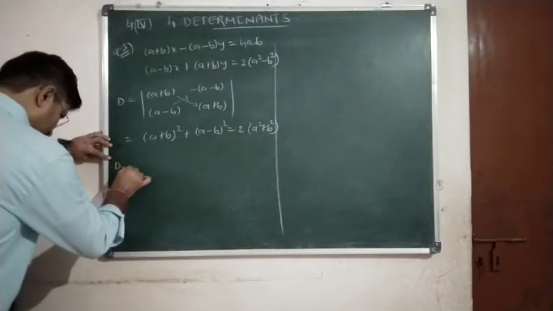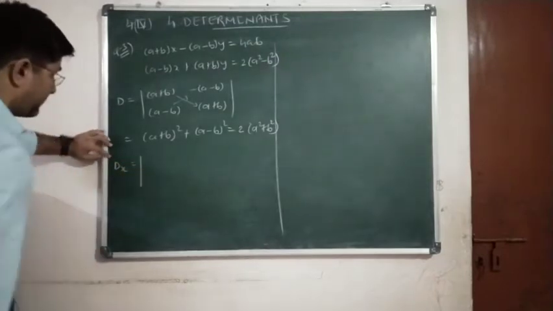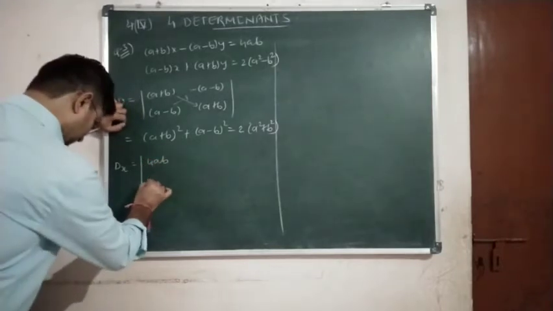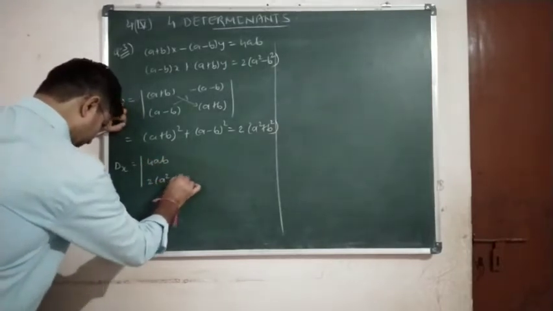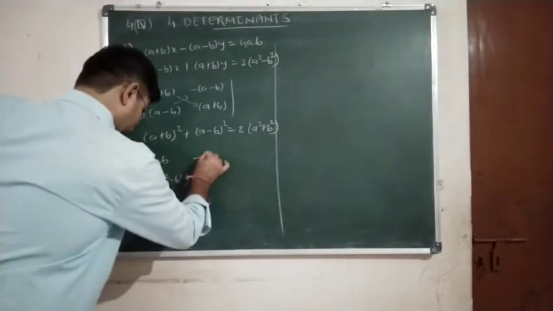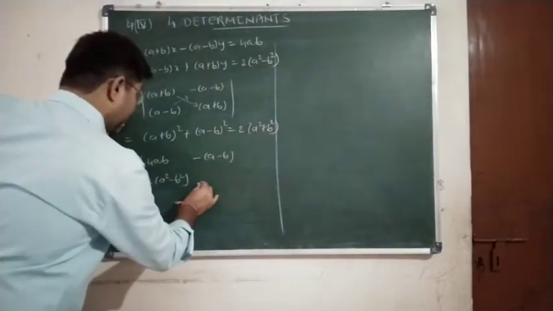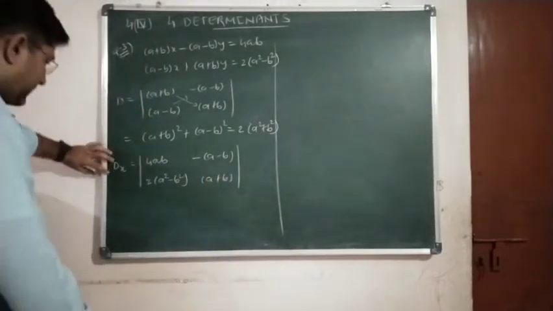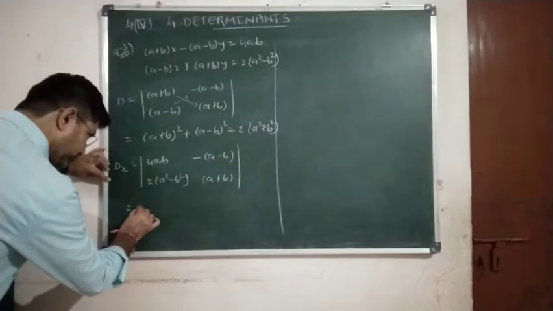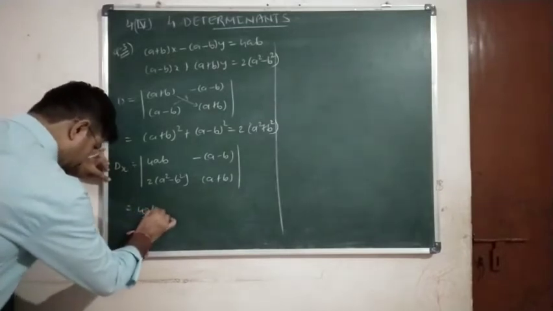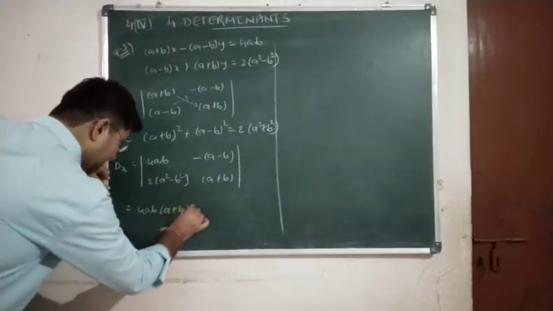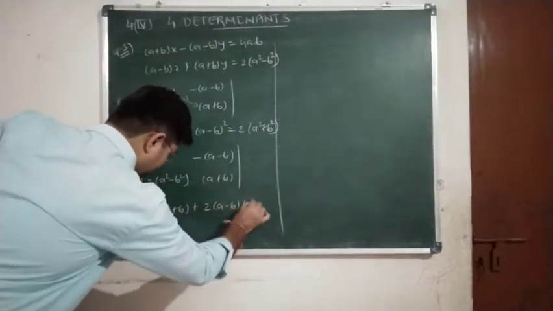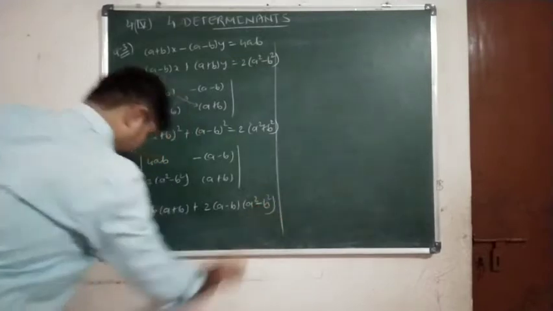Now Dx. The first column will be replaced by 4ab and 2 into (a square minus b square). The second will be minus (a minus b) and a plus b. Now let us solve. 4ab into (a plus b) plus 2 into (a square minus b square) into (a minus b).